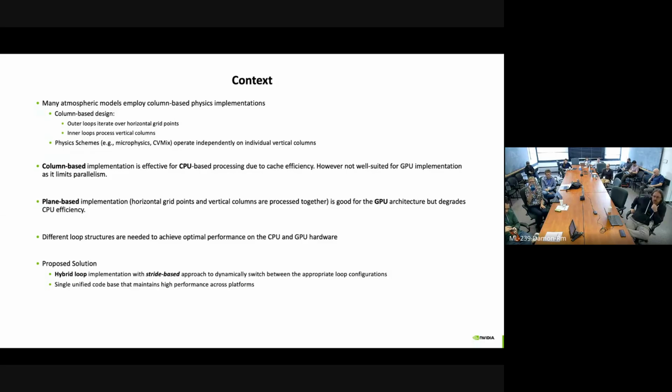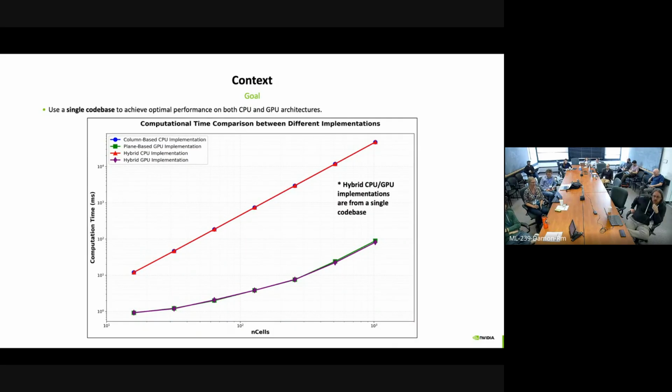In doing so, we can achieve a single code base that can produce optimal performance on both CPUs and GPUs. This is our end goal, where you can see the red line, which is the CPU implementation, lining up exactly with the column-based CPU implementation.